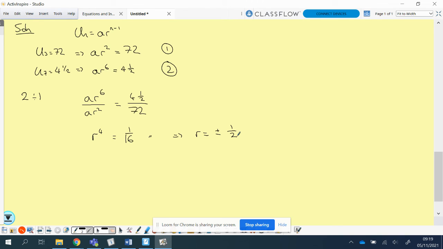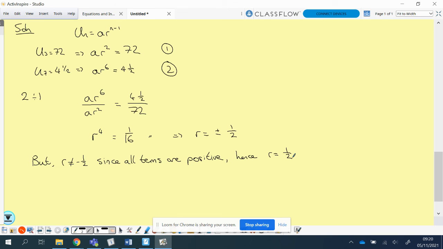So we'll write a wee sentence: but r cannot be negative a half, since all terms are positive. Hence, the answer for us is the positive version, r is a half.